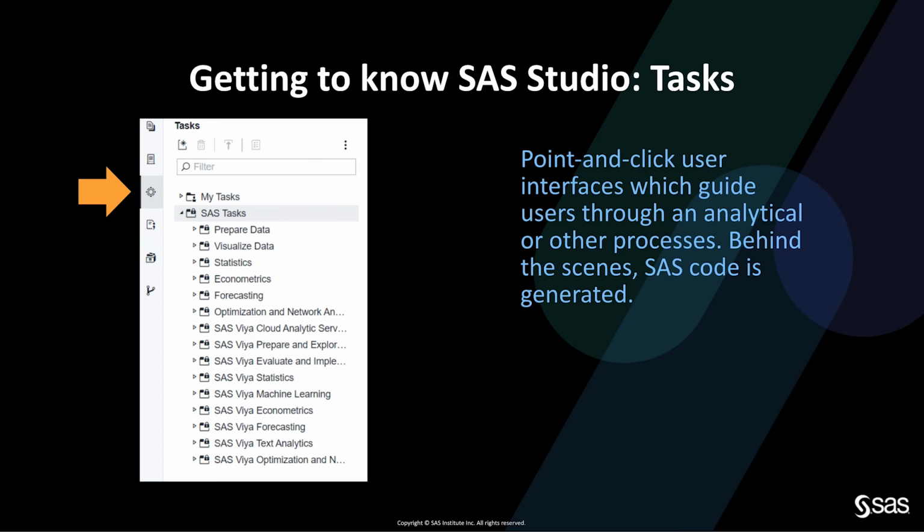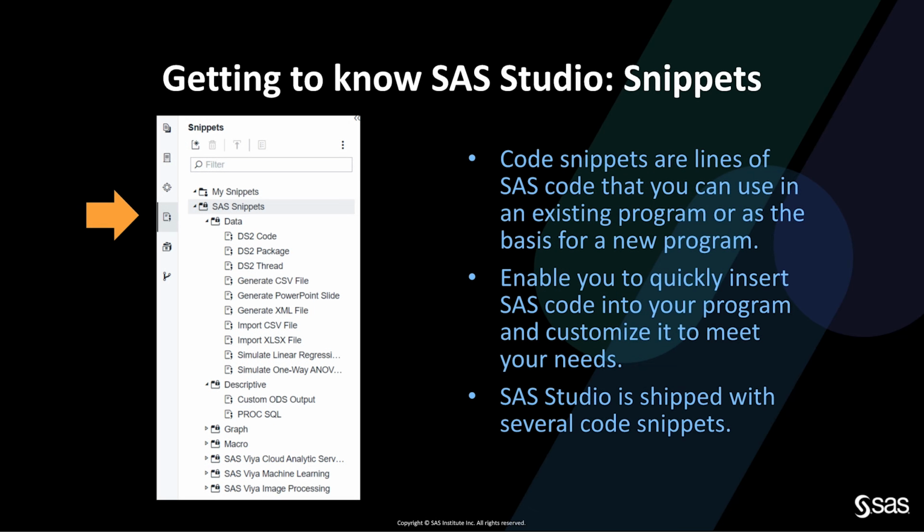Snippets are pretty similar, but instead of just an individual task, it's a group of coding that are pre-programmed in here that you might want to utilize. Like if you want to import a CSV file, it has it pre-programmed for you. And then you can just do a point and click and then enter that little snippet into your code.